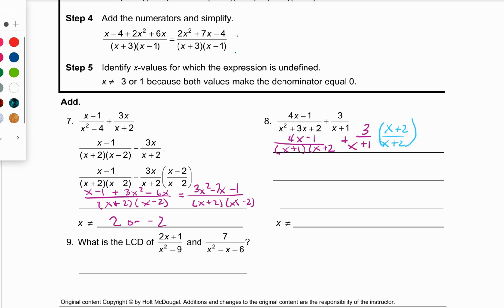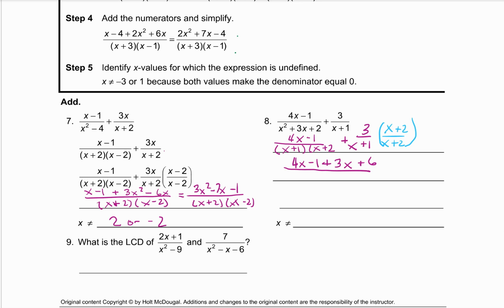We'll end up with 4x minus 1 plus distribute, that is 3x plus 6, and it's x plus 1 times x plus 2 in the bottom.